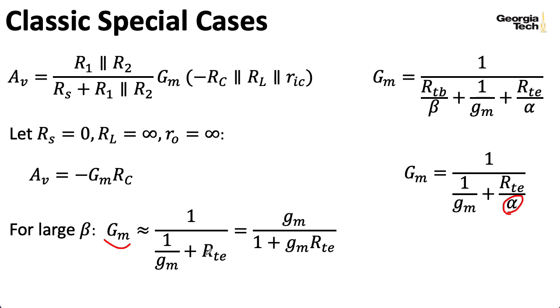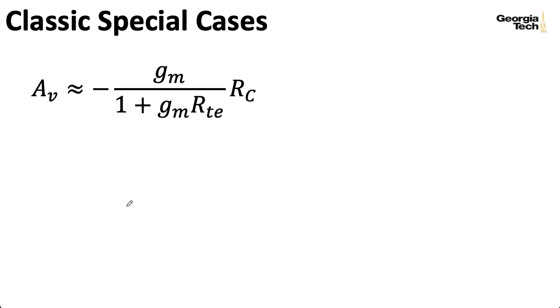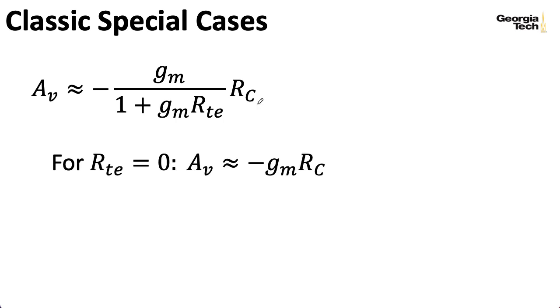All right, so let's take this expression for GM and plug it in here. Then we can write AV as approximately minus GM over 1 plus GM RTE times RC. And now I would like to consider two separate cases. In the fully bypassed case, RTE is equal to 0.